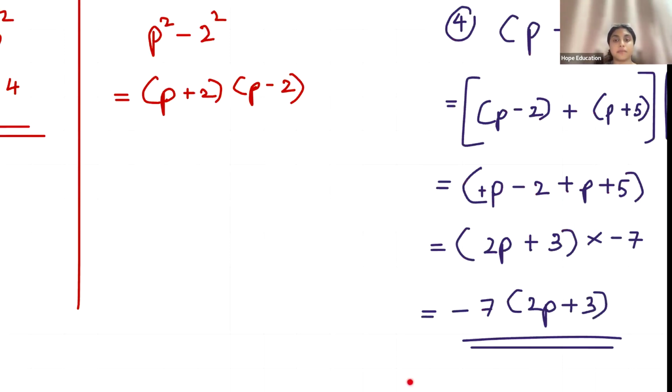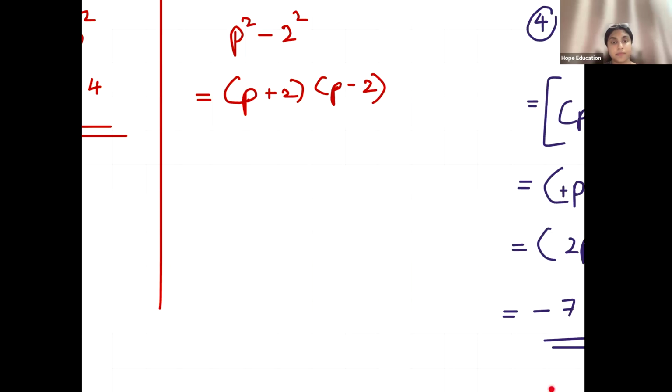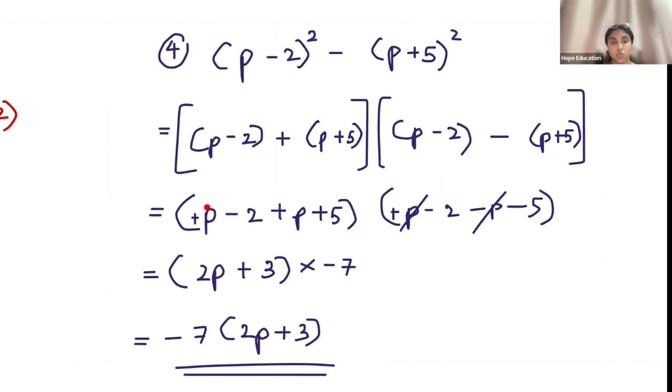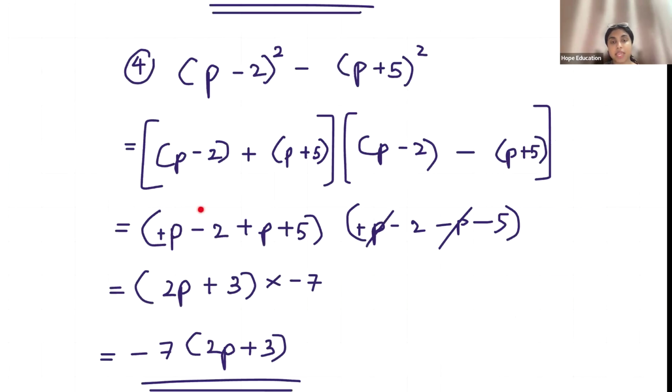How did 3 come? 3 where? Here. Here, I simplify the P minus 2, then I simplify the brackets. I'm just simplifying the brackets. Plus times plus P is plus P. Plus times plus is plus. Here we have 5. In the other bracket I simplify around P minus 2 as it is.